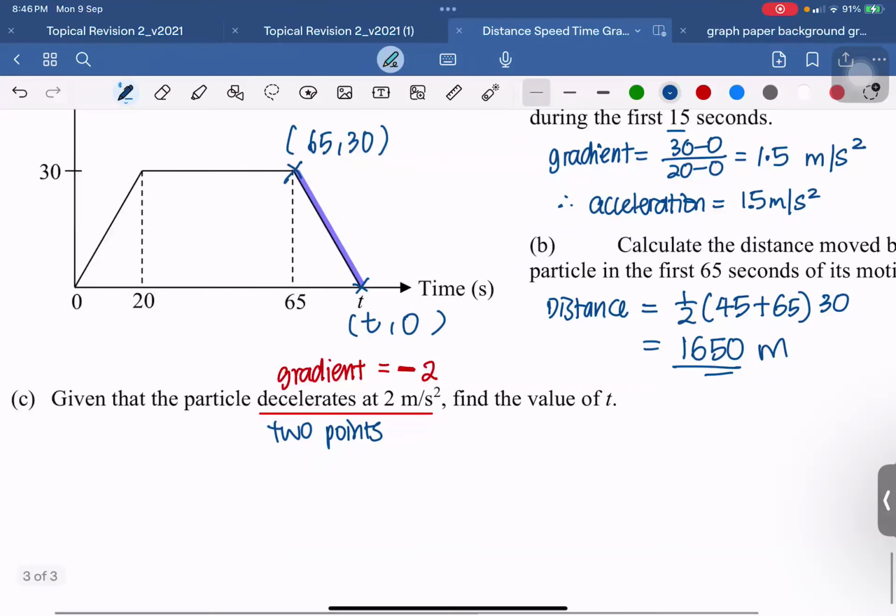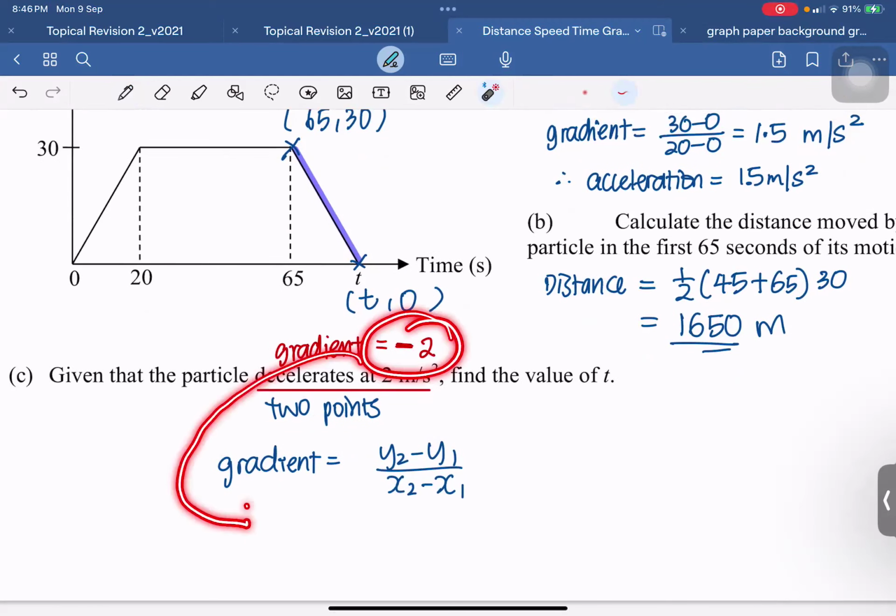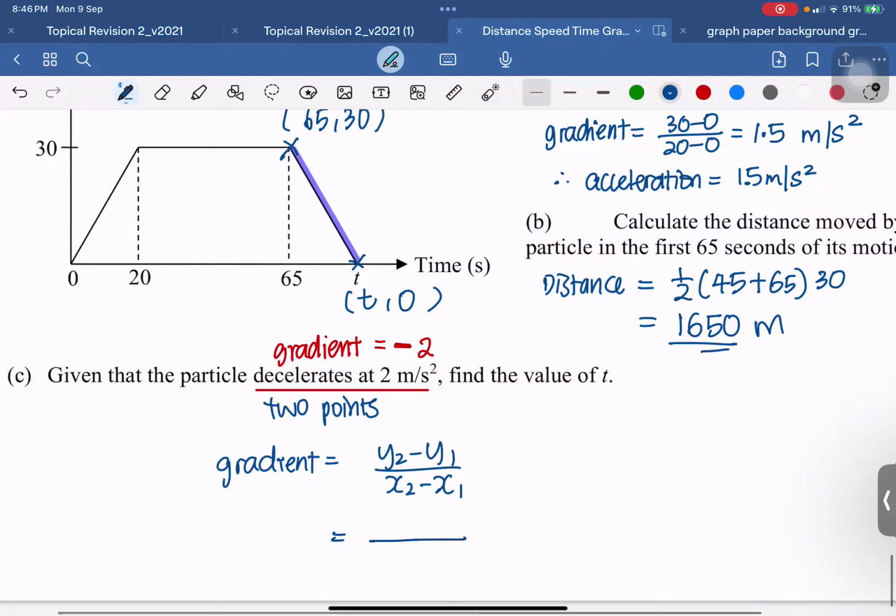Okay, so gradient equals y2 minus y1 over x2 minus x1. What is the number to put in for my gradient? 30 is the working here. 30 minus 0, over 65 minus t.